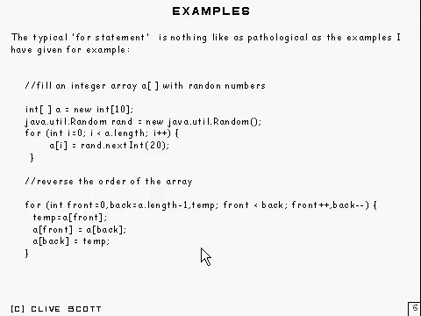And what it does is swap over the item at the front with the item at the back using temp. If you look at that, it increments the front index and decrements the back index until they come together in the middle. And so long as front is less than back, it continues doing this. And if you think about it, that will swap all the elements over to reverse the order.